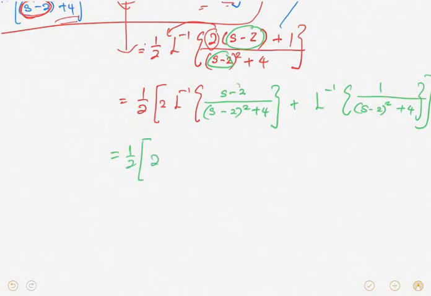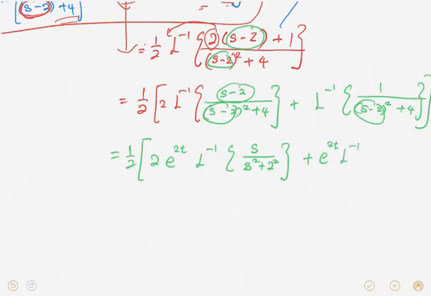Okay, just now I mentioned to you here, this one is the first shift theorem. So you have exponent 2t, and then inverse Laplace transform, you have the s over s square plus 2 square. Plus, okay, this part, we have the exponent 2t inverse. And then we have s square plus 2 square.